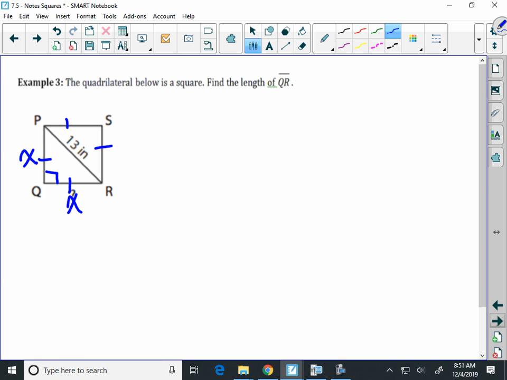So when we try to figure out our question mark, which is our X in this case, we can use the Pythagorean theorem. We can say X squared plus X squared equals 13 squared. Keep in mind that this is 1x squared and this is 1x squared.